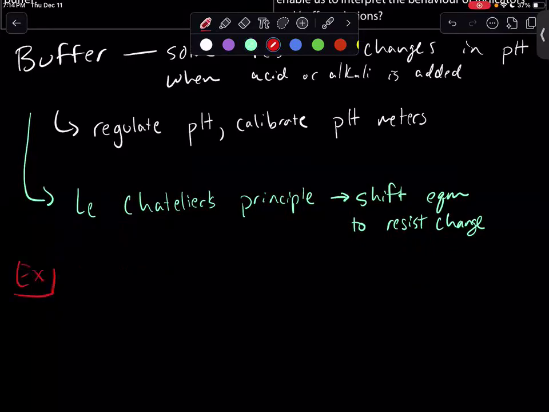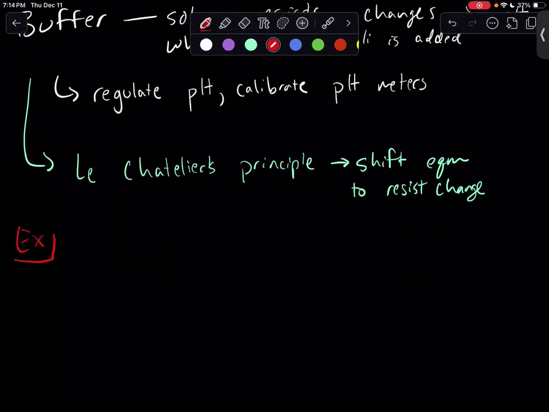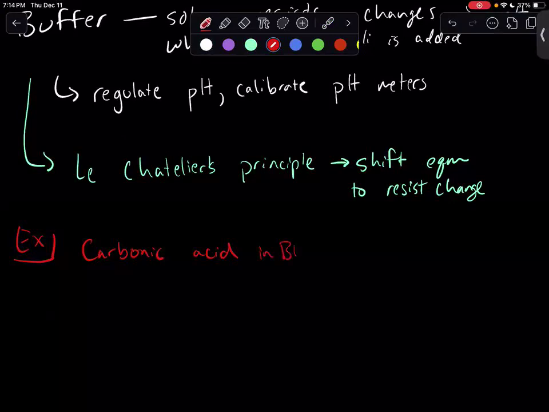So one of the places where we have buffers to help regulate pH is our blood. In our blood, we use carbonic acid. That is formed by the carbon dioxide that we actually produce as part of our respiration. So carbonic acid in blood is a use of a weak acid as a buffer.